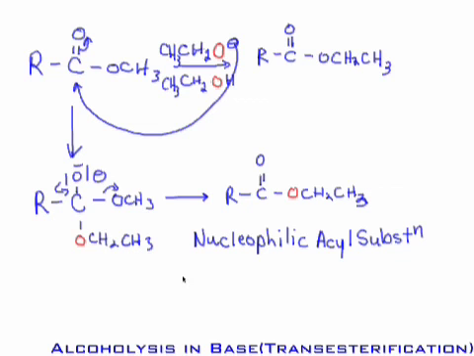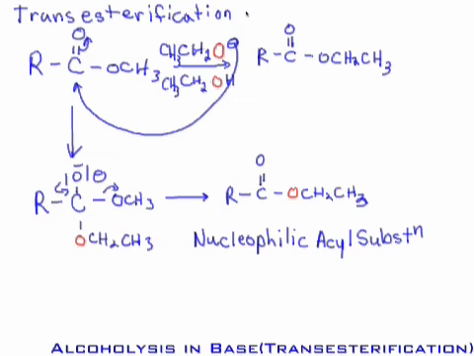But there's another name for this reaction since we're turning one ester into a different ester. The reaction is also called the transesterification reaction. Transesterification is a reaction where you transform one ester into another by reaction with alcohol.